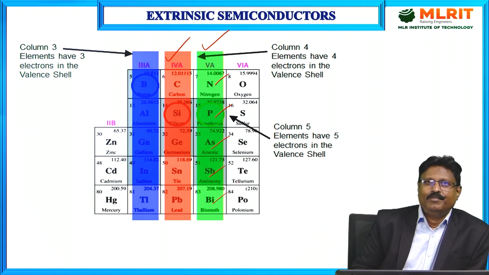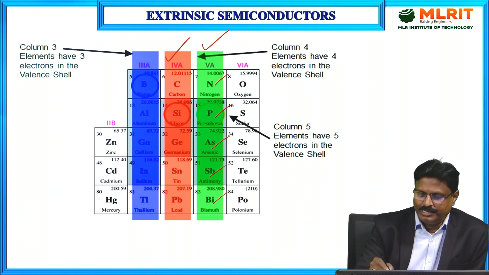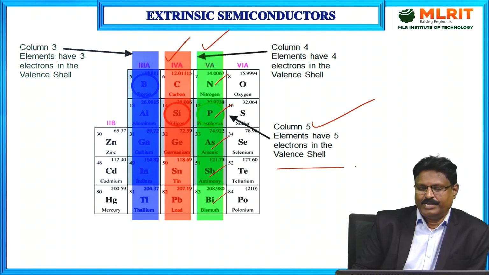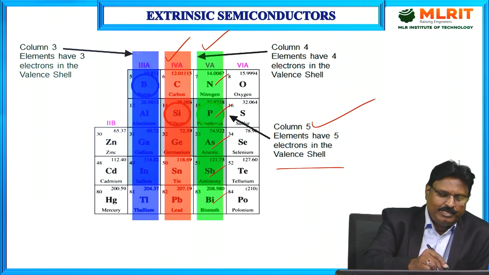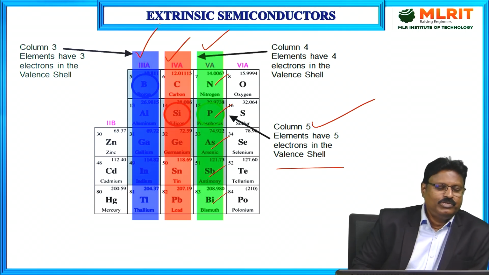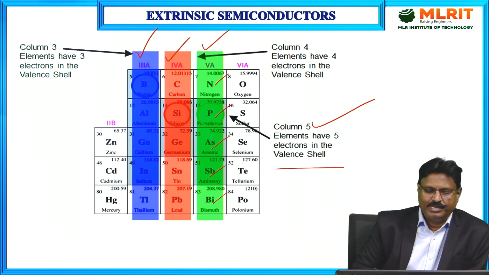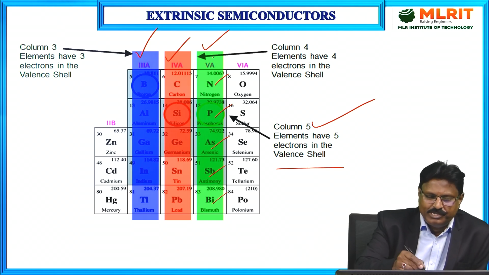Group 5A elements contain 5 valence electrons in the valence shell. The group 3A, which contains only 3 electrons in the valence shell, will be discussed later. Our discussion is about this one.